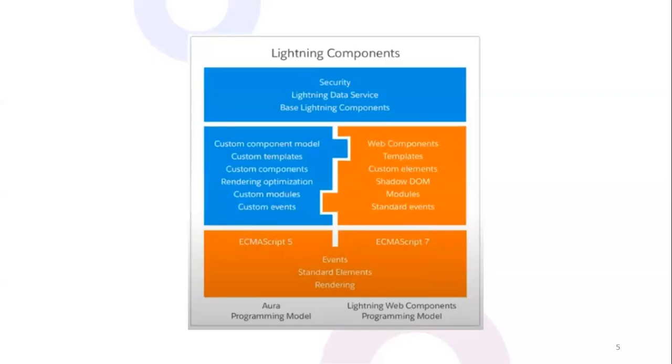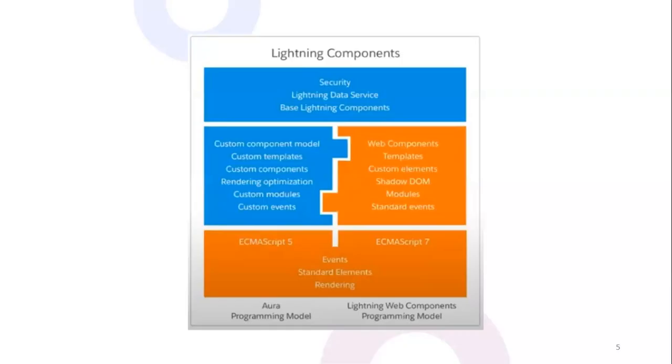But in 2019, the web stack improved a lot, and we started using ECMAScript 7. With ECMAScript 7, the standard events, modules, shadow DOM, custom elements, and templates all come from the browser side itself.